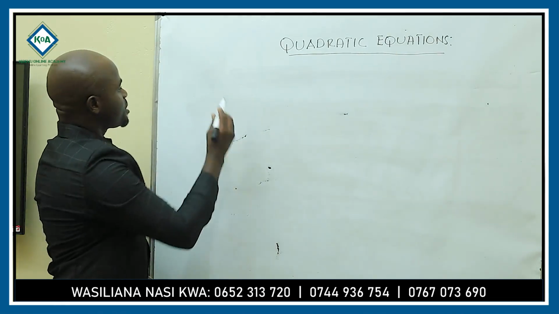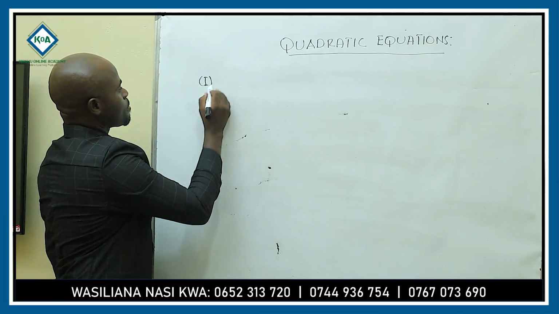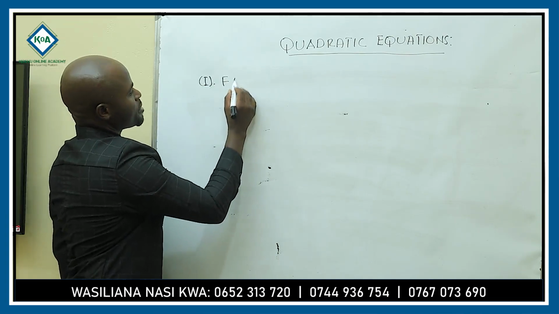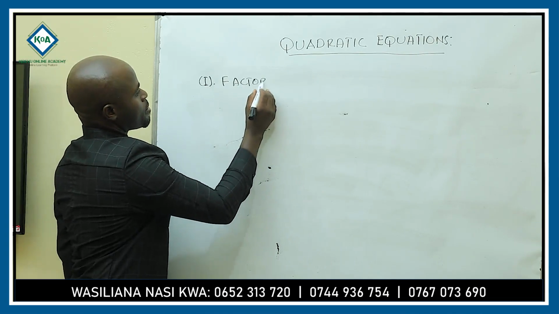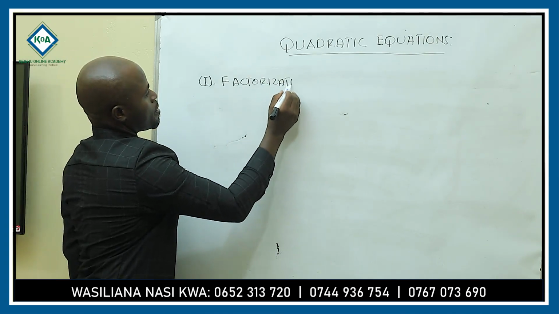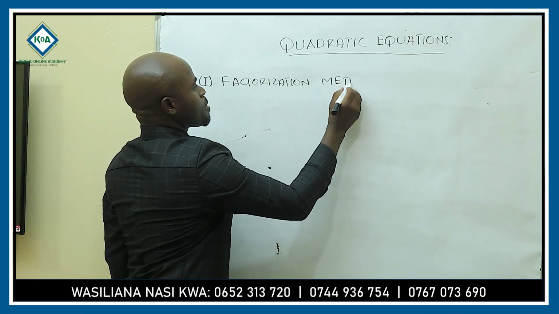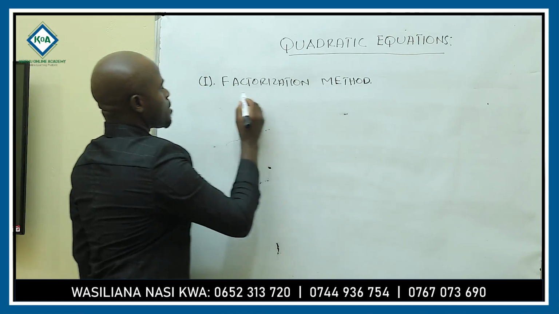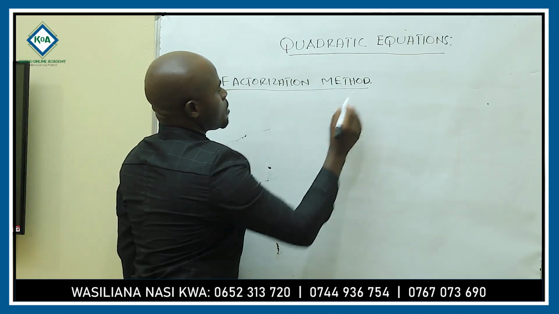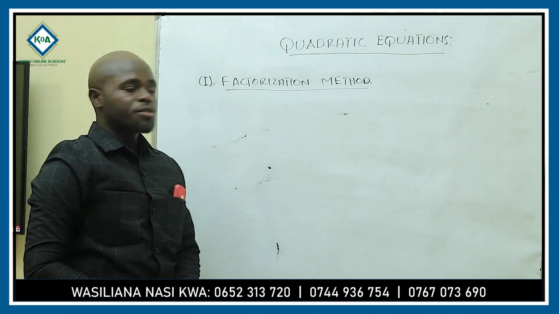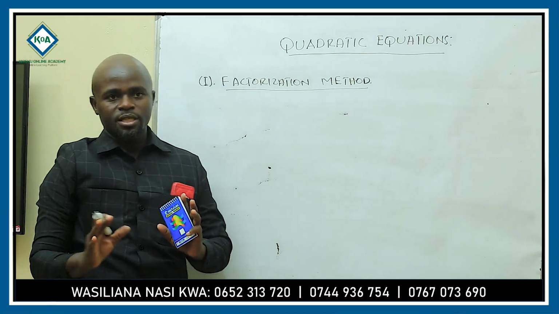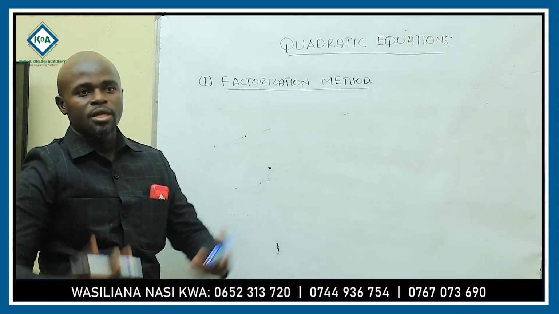Now, the first method is factorization method. In factorization method, first we have to find the factors. We have to find the 2 factors before getting the solution.